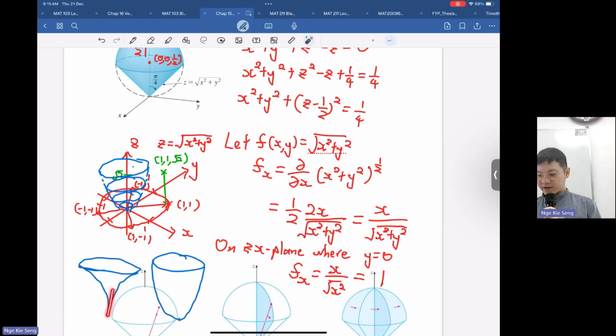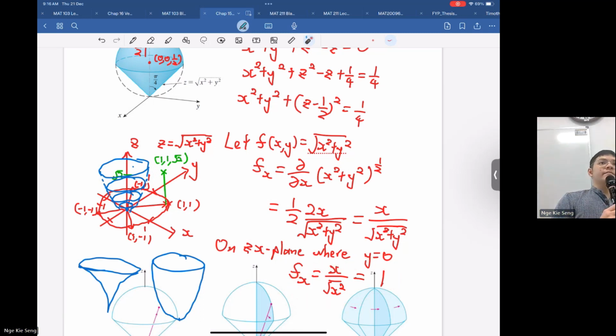For example, this gradient here is decreasing when you go further in x, and this gradient is increasing when you go further in x. But if you get the cone, you just have a constant gradient.